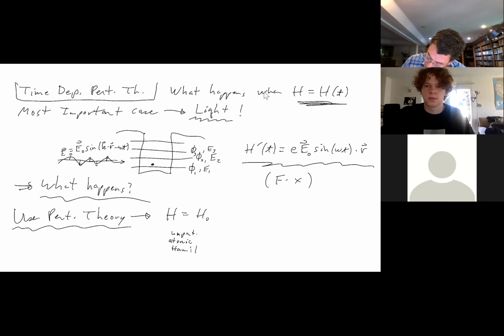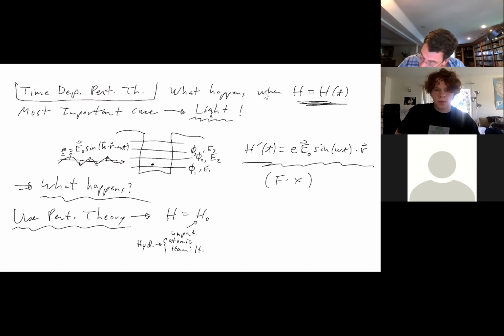Whenever someone says atomic Hamiltonian, what you should think in your mind is hydrogen. That's what H naught is. And then we have some perturbation, which is the laser, of course, the light from the laser. And so that's a perturbation.